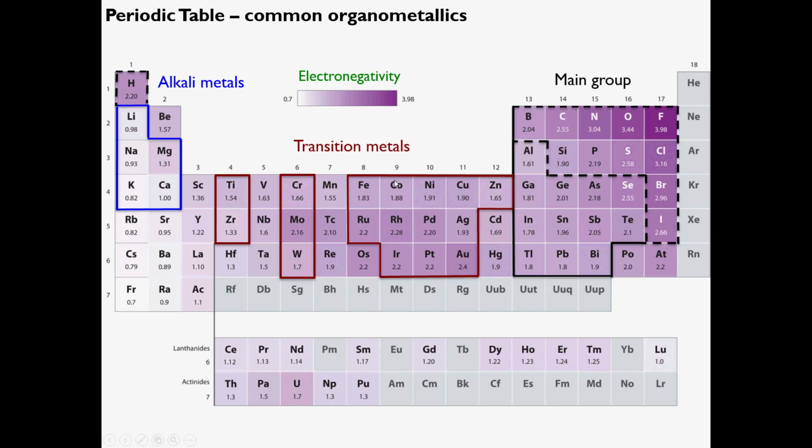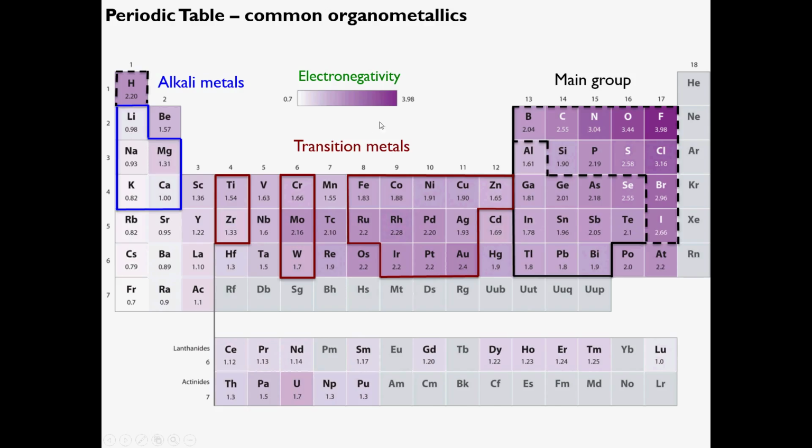And I've highlighted just certain metals. That doesn't mean that those that aren't highlighted are not useful. It's just that things like nickel, palladium, zinc, ruthenium, titanium have found broad and very useful application in not only organometallic chemistry for the sake of it, but for industrial chemistry, pharmaceutical chemistry, that kind of thing.